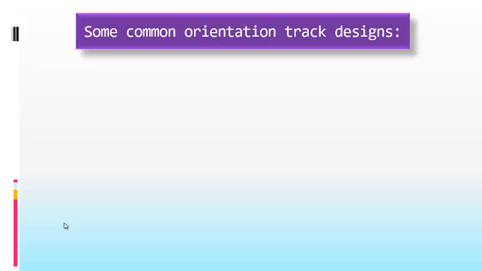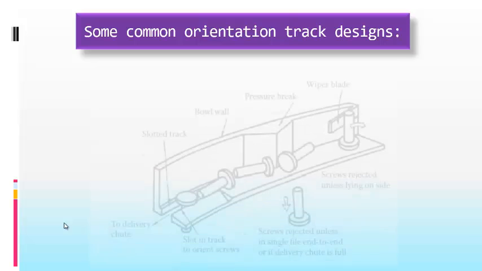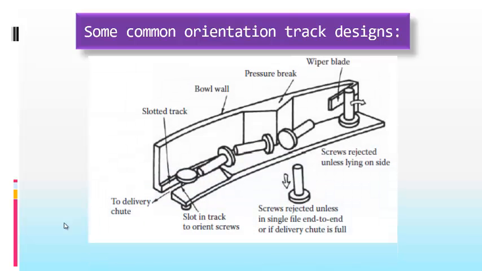Some orientation track designs. Actually, this is a design for a part. As you see, the part can come in different orientations. First, he put a wiper, and the wiper will reject any part whose head is up. Then he put a pressure break, which will also reject any part whose head comes first.